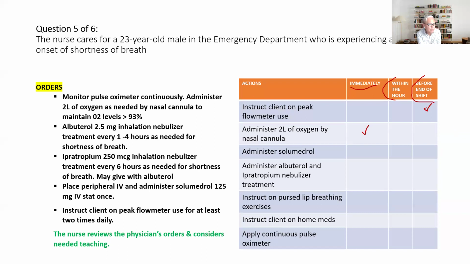Obviously, that would have to be immediate. And administer Medrol, also going to be immediate, because it's not going to work now, but you need to have it start working or being on board right away. And administer albuterol and ipratropium. Of course, these are going to be immediate interventions that you are going to have to do.